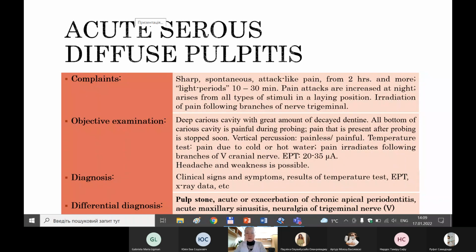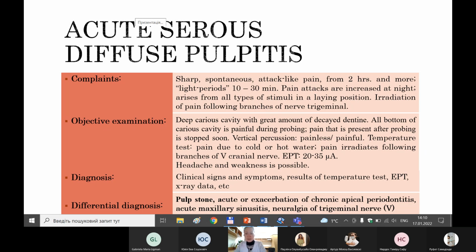Acute serous diffuse pulpitis. Complaints: sharp, spontaneous, attack-like pain from 2 hours and more. As you can see, inflammation progresses and complaints of the patient worsen from hyperemia till serous diffuse pulpitis. We have progression of inflammation, and thus pain syndrome is severe.